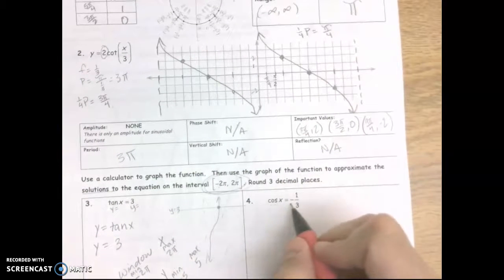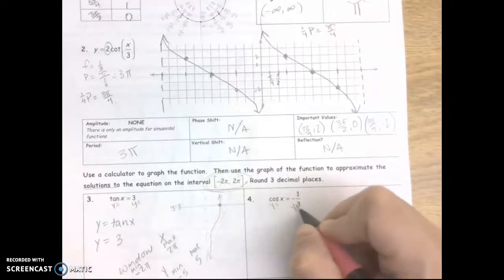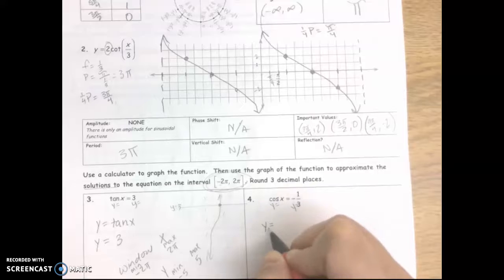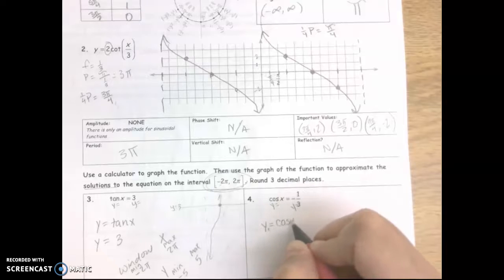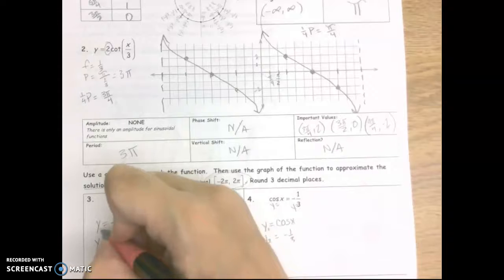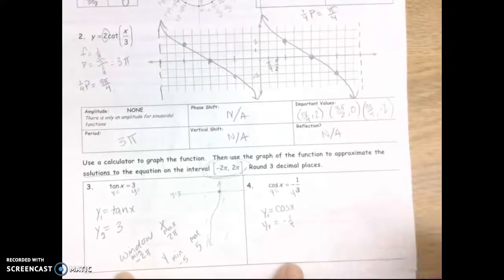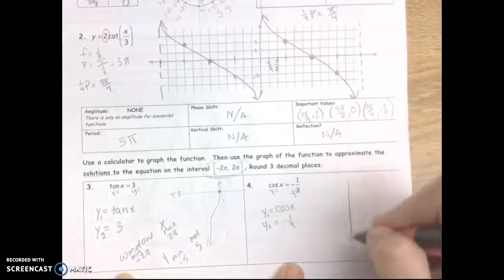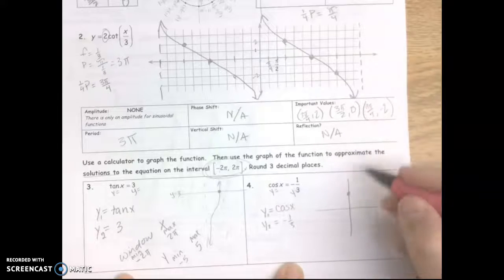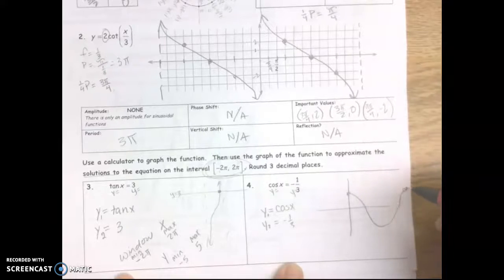Okay, here cosine of x is equal to negative 1/3. Same thing, that's a y equals, that's a y equals, negative 1/3. So I would go y equals cosine of x, and y2 would be negative 1/3 in my graphing calculator. Okay, so my cosine, remember it starts at a maximum and then it goes down to a minimum and then back up here.